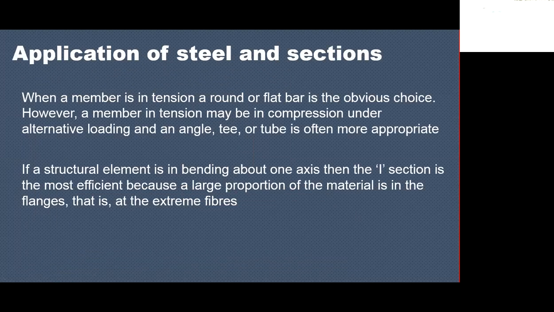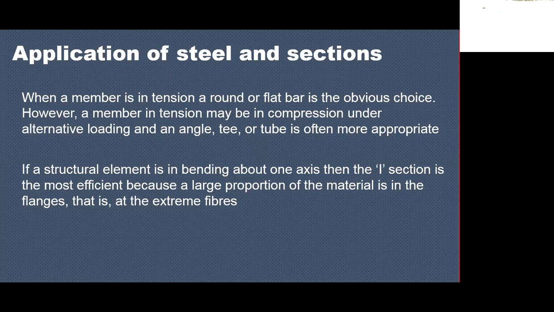Then the application of steel and the steel sections. When a member is in tension, a round or flat bar is the obvious choice. However, a member in tension may be in compression under alternative loading, and an angle, T, or tube is often more appropriate.